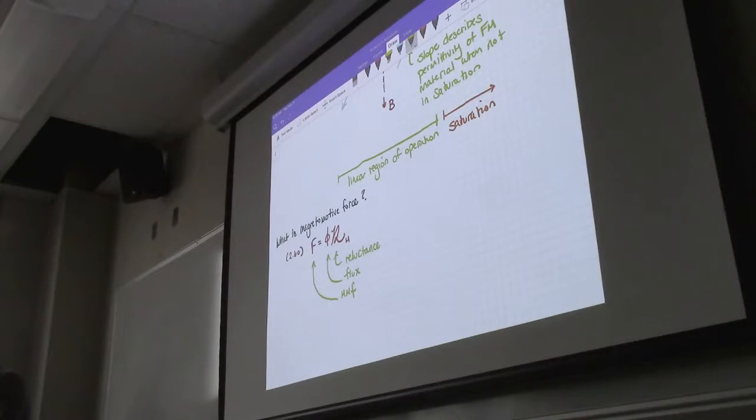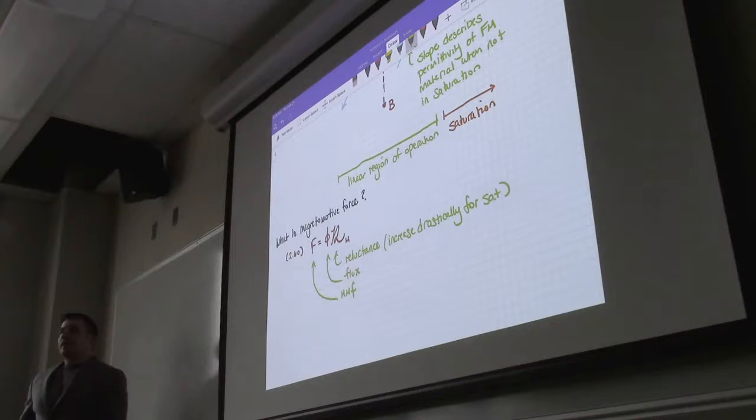And so this reluctance value will increase drastically for saturation. So that is similar to what we see in the hysteresis loop, is that right?